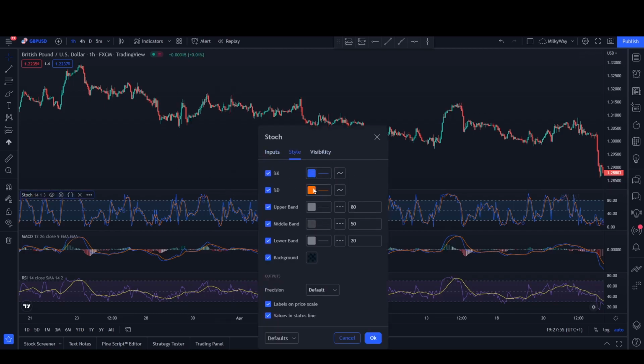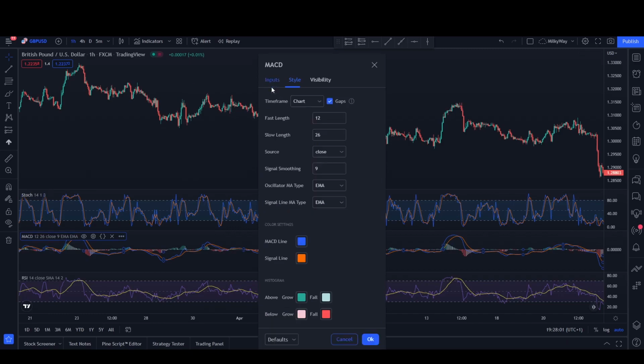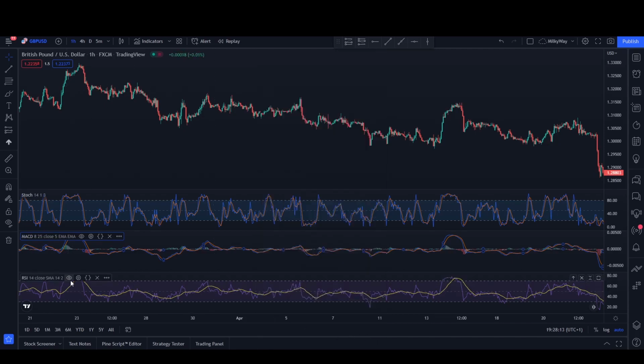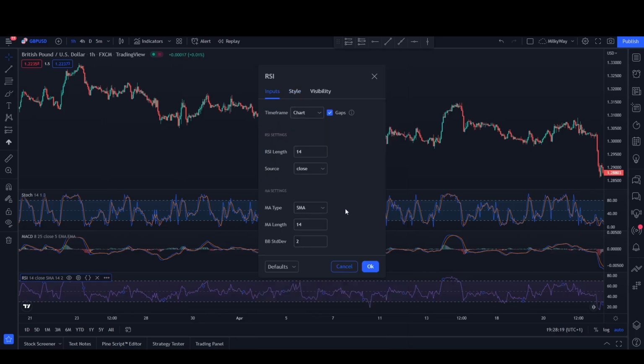You can change the colors if you want. But MACD, we've got 8, 25, and 5. The RSI, we can just remove that moving average. We can leave it to 14.